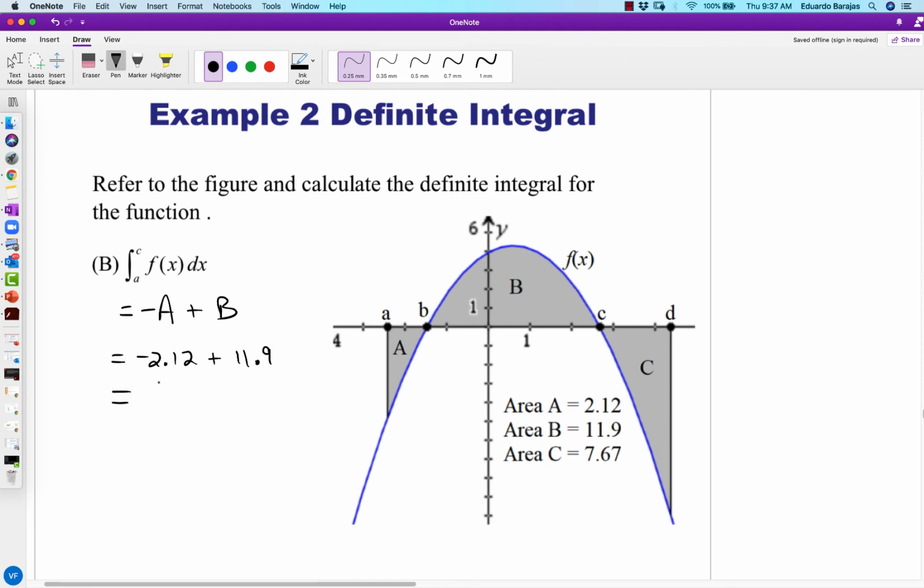And so the integral from a to c of f of x dx is equal to 11.9 minus 2.12, which is 9.78.